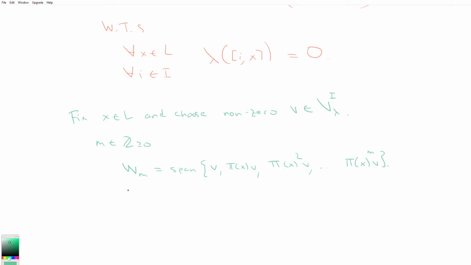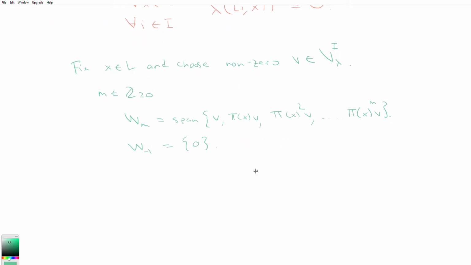And then we define W sub -1 to be 0. This will be because we will do some induction later, and this will just make it nice to define it this way. The first thing we should notice is that these subspaces are contained in each other. So W sub -1 is contained in W sub 0, which is contained in W sub 1, and so on up to W sub m.